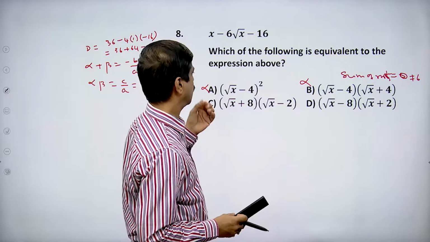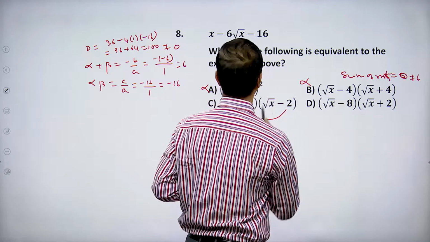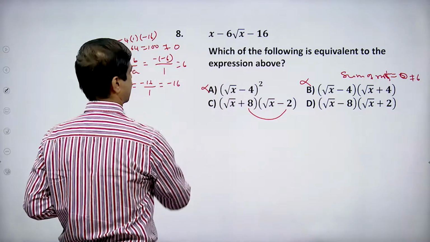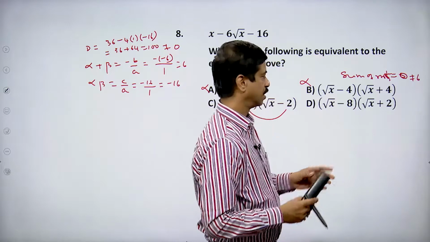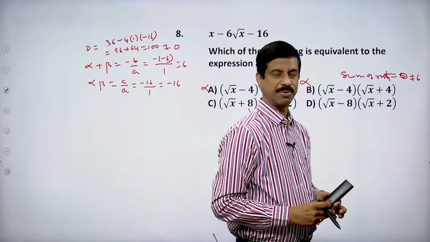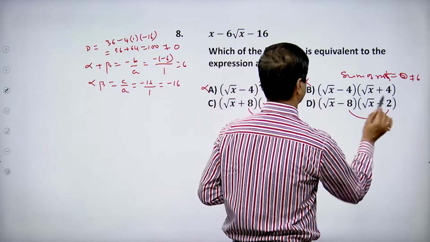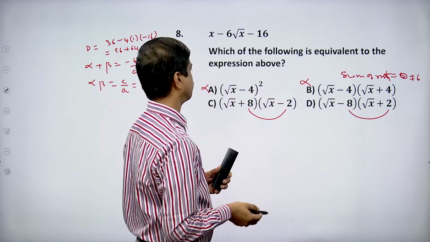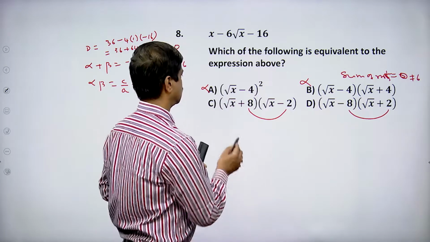Okay. Now, the product of roots is what? Minus 16. So you have minus 16. This could be the answer, or this also could be the answer, because minus 8 into 2 is minus 16, and so is minus 2 into 8. The answer could be one of those two. With the product of roots we are not getting any answer, so we will check the sum of roots.